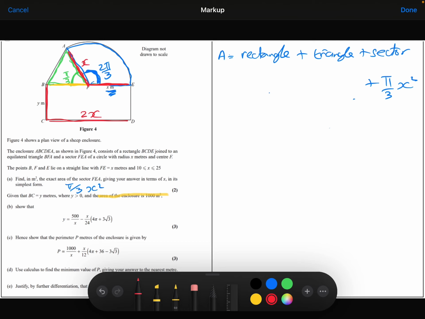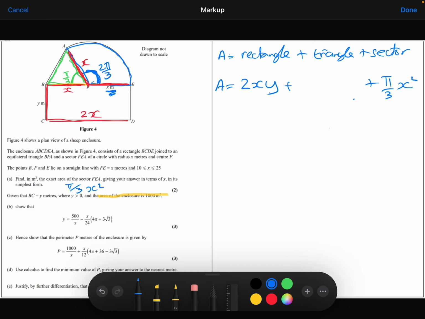And then because that is an equilateral triangle, this length here has to be x as well. So that's where the 2x came from. So therefore, the area of that rectangle is 2xy. The width is 2x, the height is y, so the area is 2xy.